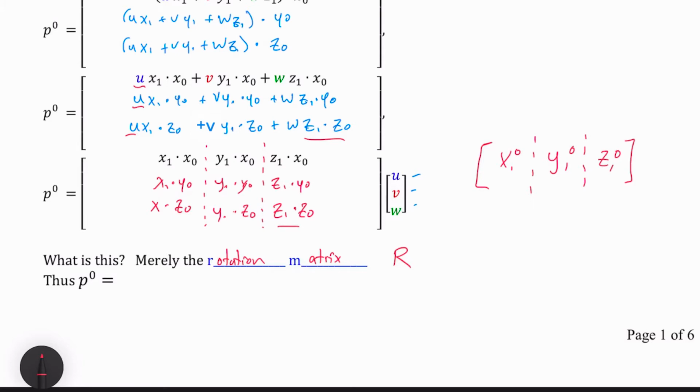So this is really just rotation matrix 1 in frame 0. And thus, what we had over here, P0 is equal to R10 times this term right over here, which is P1. Remember, UVW is how you find P in frame 1. And so P0 is just a rotation matrix times P1.